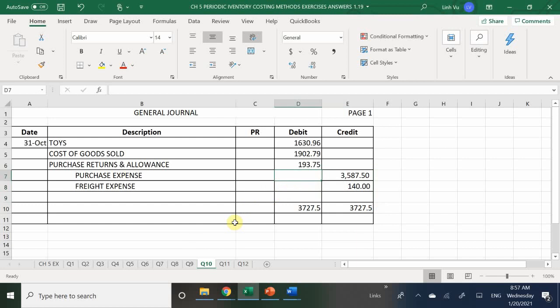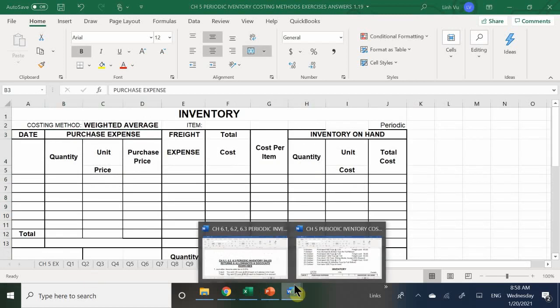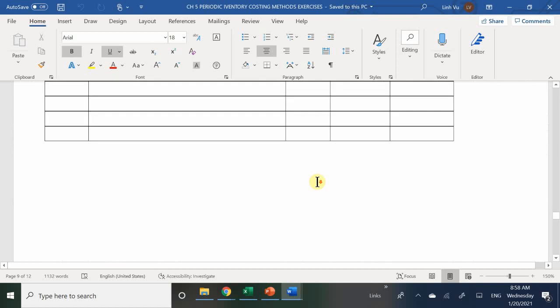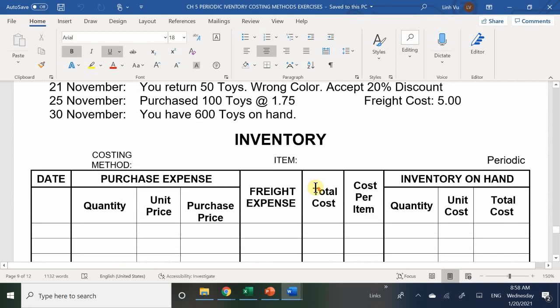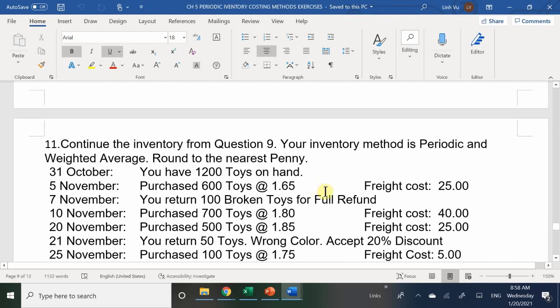All right. So now we're going to move on to question number 11 here. So 11 is going to say that we are continuing on with the inventory from question number 9, and our inventory method is still periodic and still weighted average, okay?